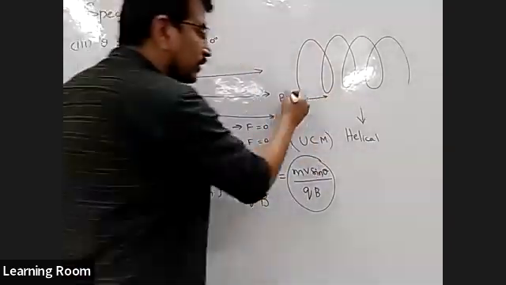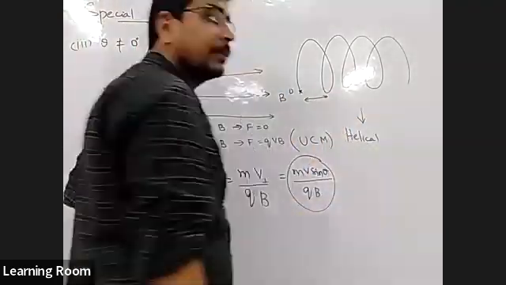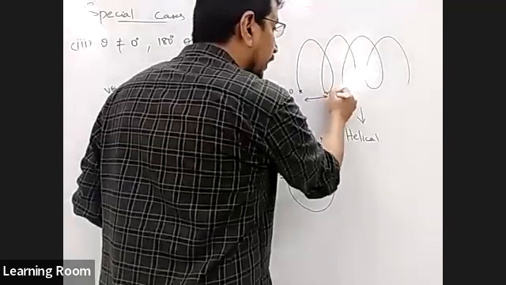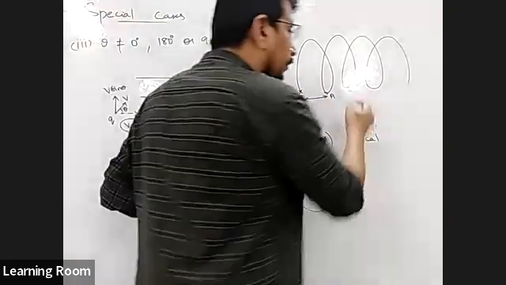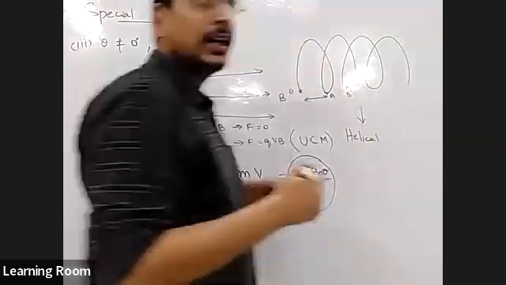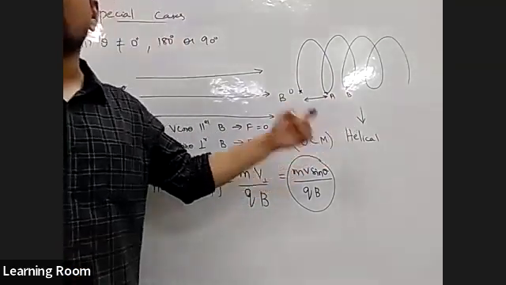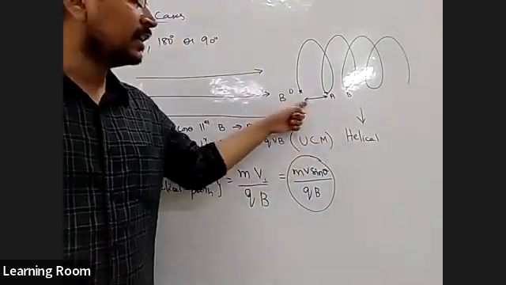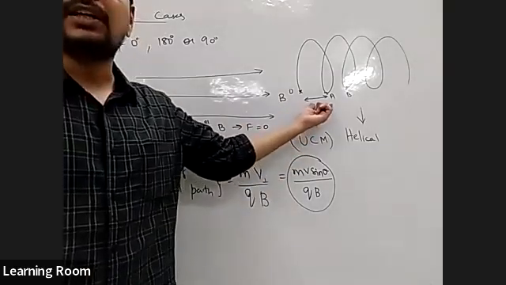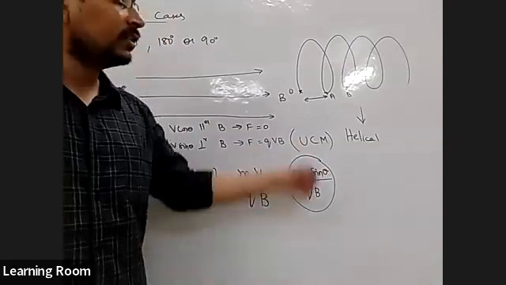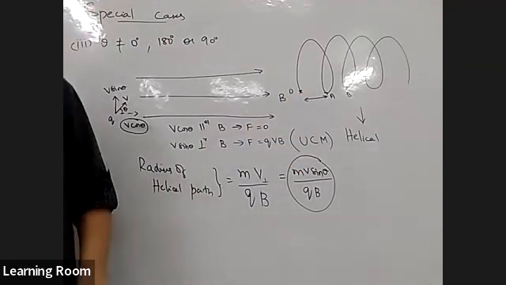Means if this is 0, exactly after one time period, where can you find the particle? At point A. After the next time period, where will you find the particle? At B. So are you in acceptance with the fact that for every time period or every revolution, the particle is getting drifted by a small value? Right? This drift is taking place. Now our job is to find what is the magnitude of the drift. Okay? How do you find it?